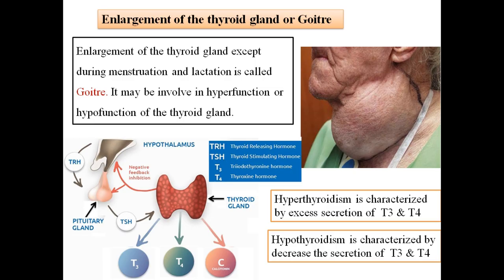Goiter, or enlargement of the thyroid gland. You can see the enlargement of the thyroid gland. It is commonly seen in hypothyroidism or hyperthyroidism. Hypothyroidism is characterized by decreased secretion of T3 and T4 hormones under the influence of thyroid stimulating hormone.